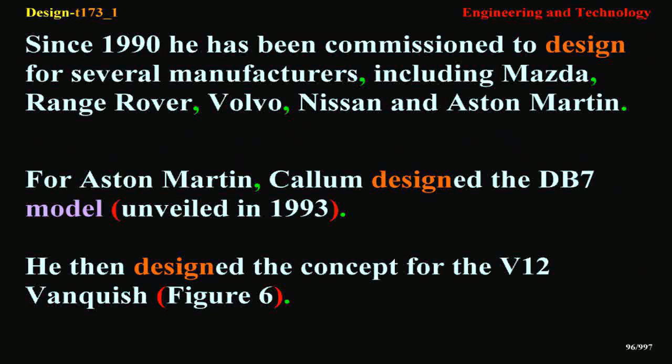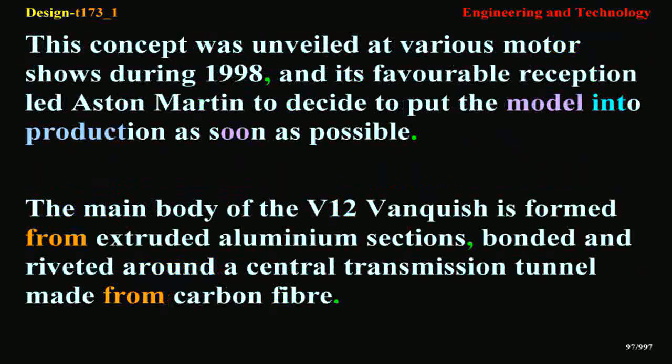For Aston Martin, Callum designed the DB7 model unveiled in 1993. He then designed the concept for the V12 Vanquish, Figure 6. This concept was unveiled at various motor shows during 1998, and its favorable reception led Aston Martin to decide to put the model into production as soon as possible.